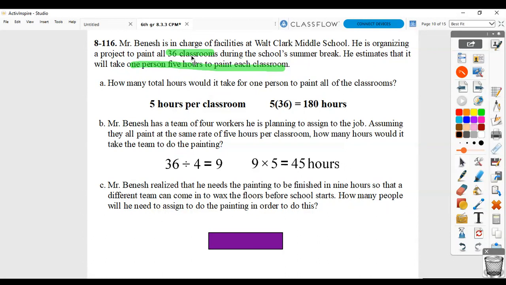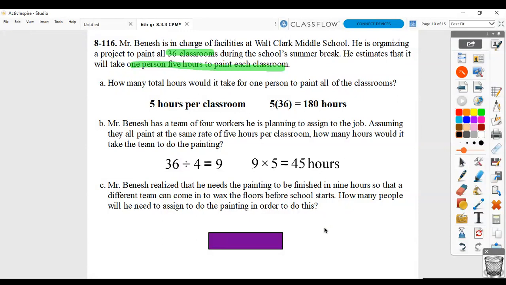Or you could say, all right, if it takes one person 5 hours to paint a classroom, and we have 4 people painting all 36 classrooms, that means each person will just be doing 9. So 36 classrooms divided by 4 people means that each person will paint 9 classrooms. And then 9 classrooms times 5 hours for each classroom would be 45 hours.